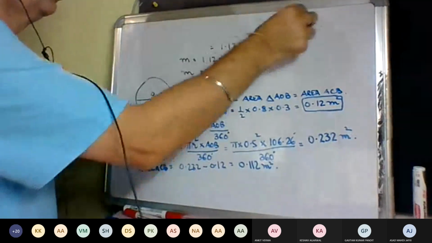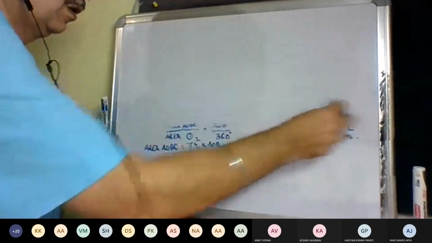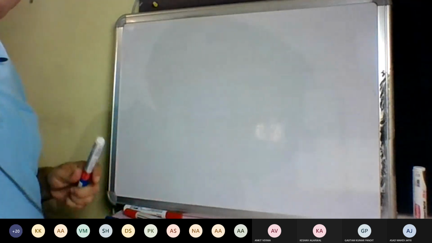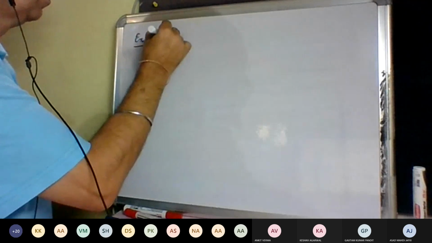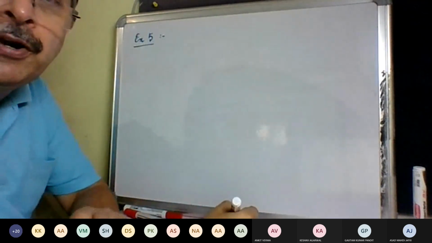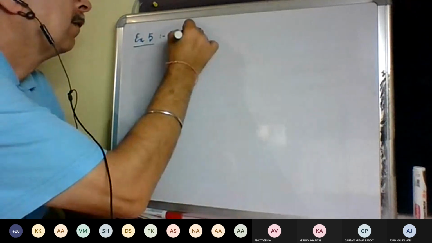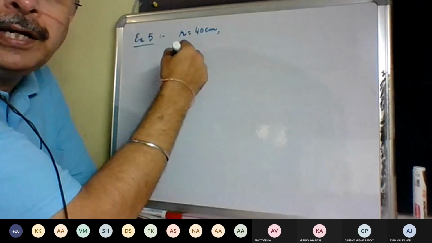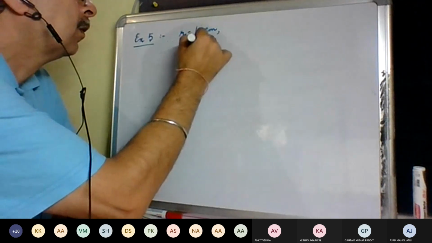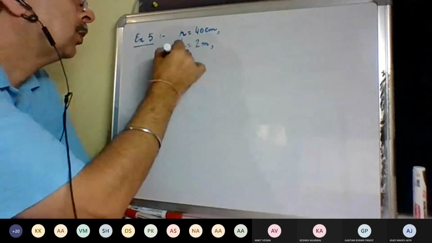Let's go to example 5. Example 5 says a cylindrical drum of radius 40 centimeters, height 2 meters, weighs 200 kilos.